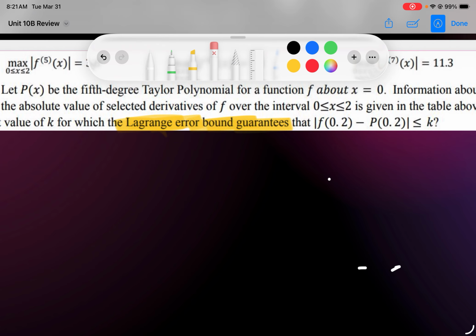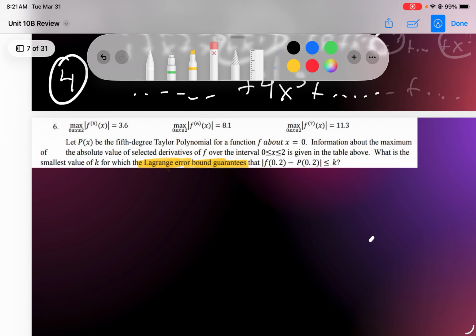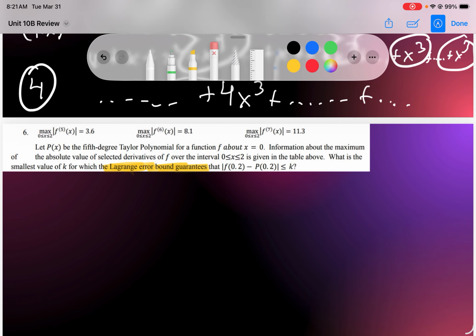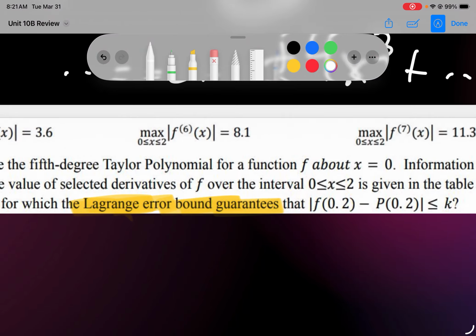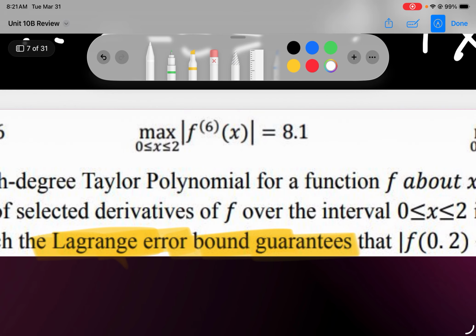So the Lagrange error bound gives you a range on how far off it could be. It's going to be a conservative estimate, taking the worst case scenario, how much could it be off by? So Lagrange error bound says the exact value of the function at point 2. Now, point 2 is within this interval that they give us, right?